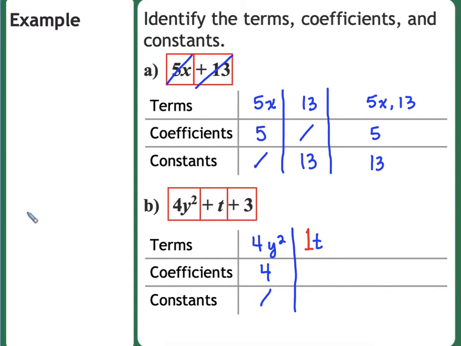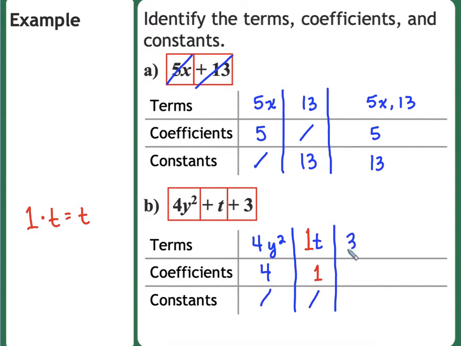What is 1 times t? 1 times t is just t. So in math, we try and simplify it and just write the t by itself, but really you could think of it as an invisible coefficient. It does exist. So we would say we have 1t, so the coefficient for this term is 1, and there is no constant. Alright, so keep that in mind as you're working with these terms.